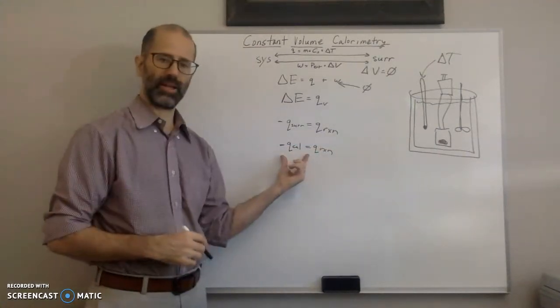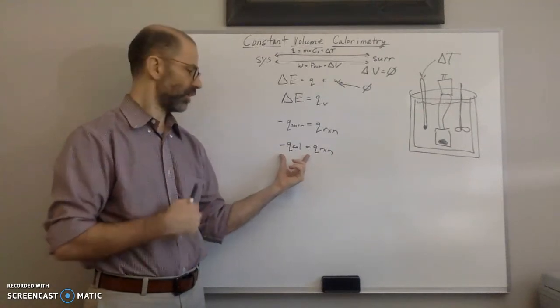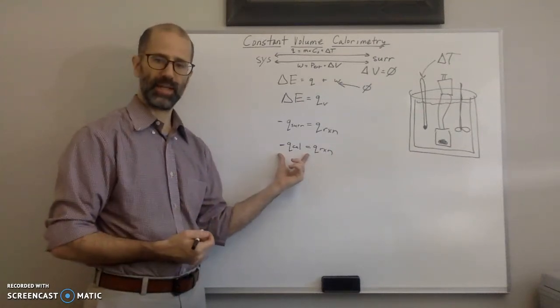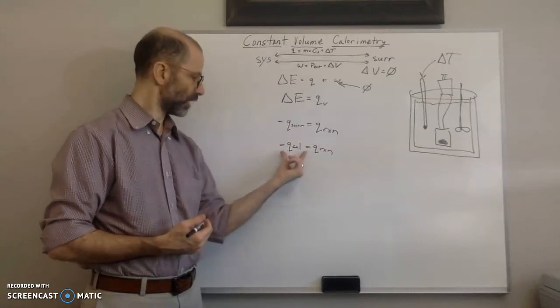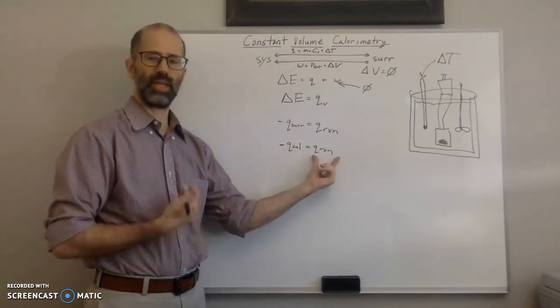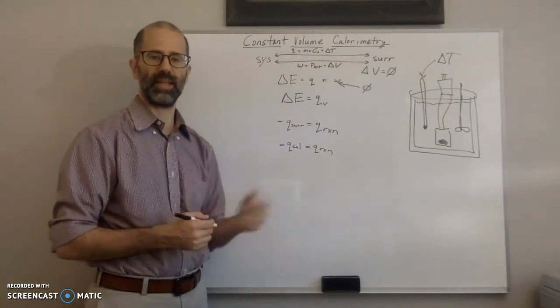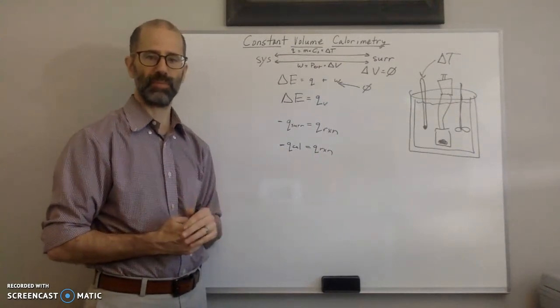So if we can calculate everything from the calorimeter, the temperature change, the heat absorbed by the bomb calorimeter itself, things like that, then that would be equal to the heat of the reaction. So we could find the heat of the reaction in this sort of calorimetry type problem.